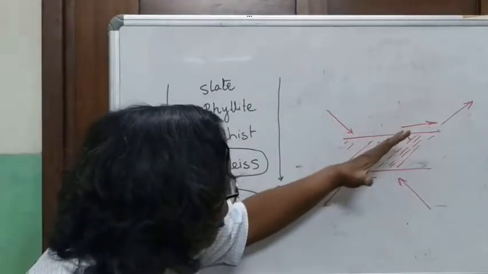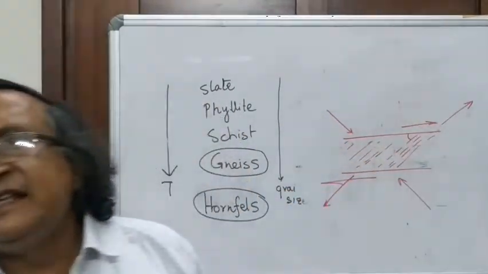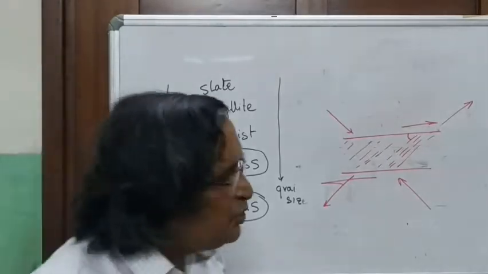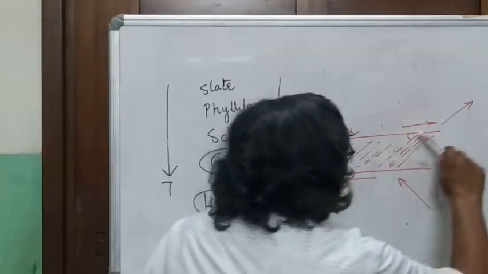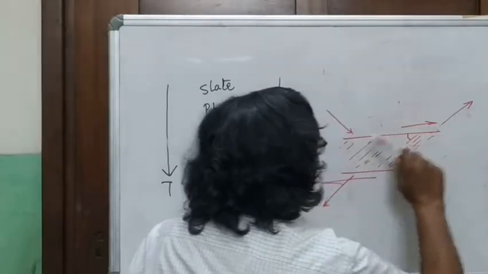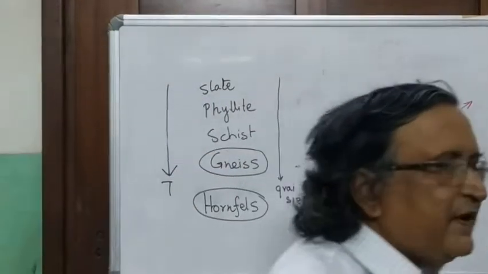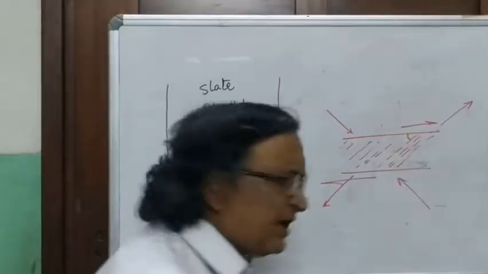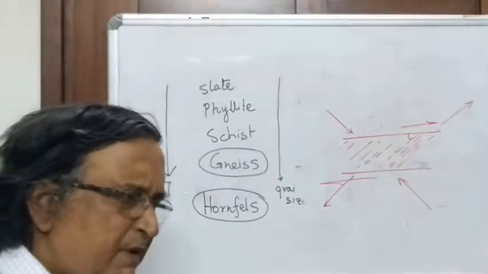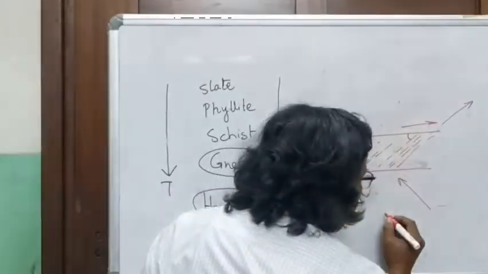That is why all minerals are aligned like this. So that is the most important. See, this alignment of minerals in a metamorphic rock is given by terms which are sometimes interchangeable, but some people use a different connotation.